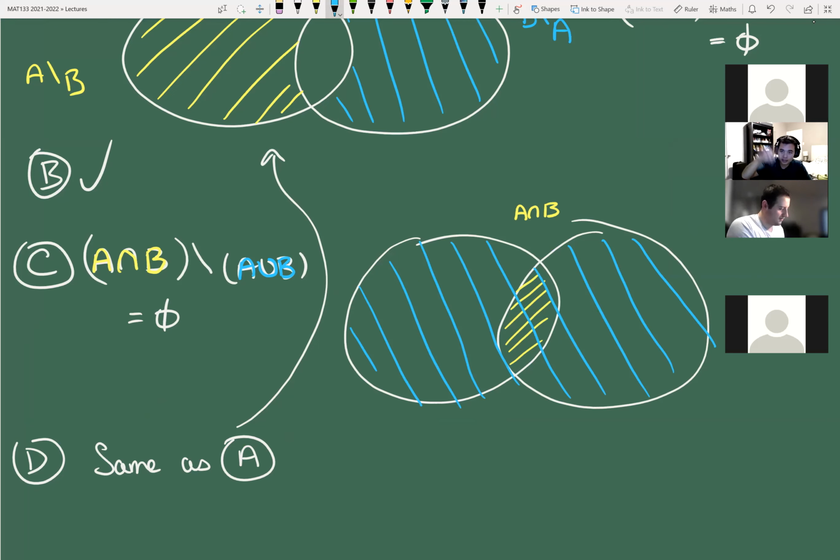So if I take the yellow stuff and throw away all of it that touches blue stuff, I would get nothing left over. Does that make sense? And yes, that would also work. Your answer is absolutely correct as well.